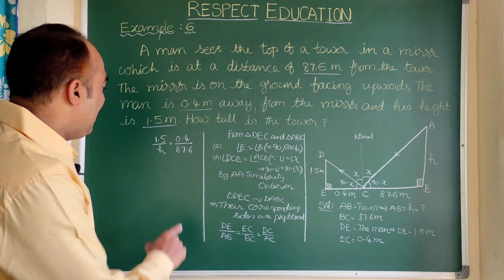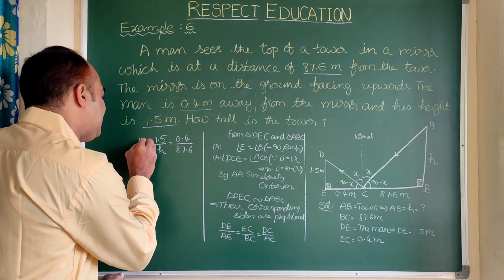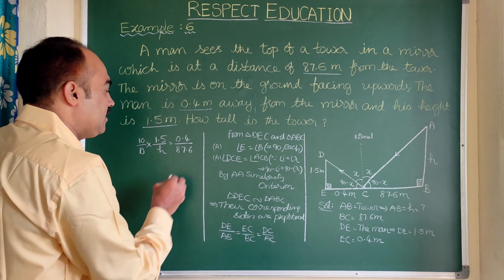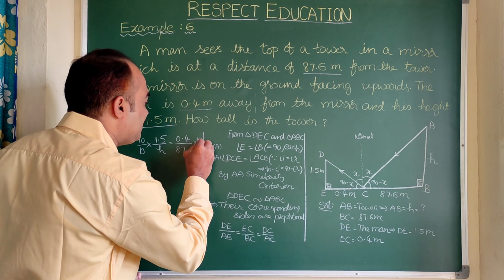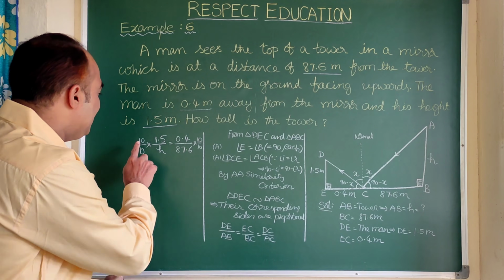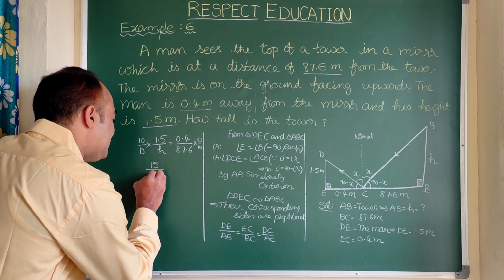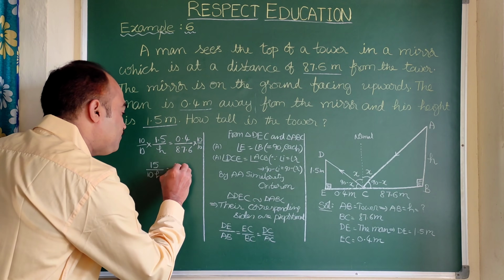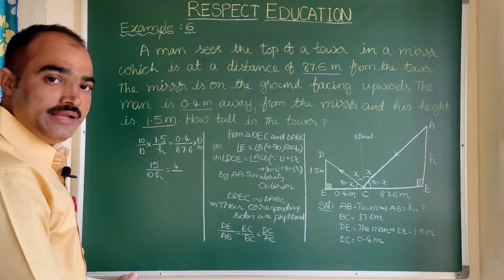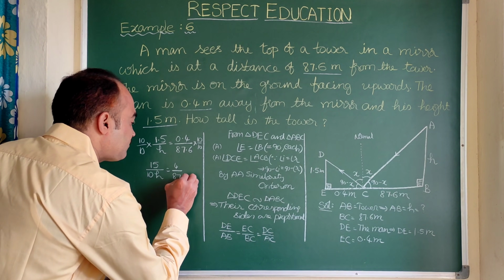Now after the decimal one value is there, so here I am multiplying and dividing with 10. In the same way here also, after the decimal one value is there each, so I multiply and divide with 10. Then 10 into 1.5 becomes 15 by 10 into H, 10H, is equal to 0.4 into 10 is 4 by 87.6 into 10 is 876.